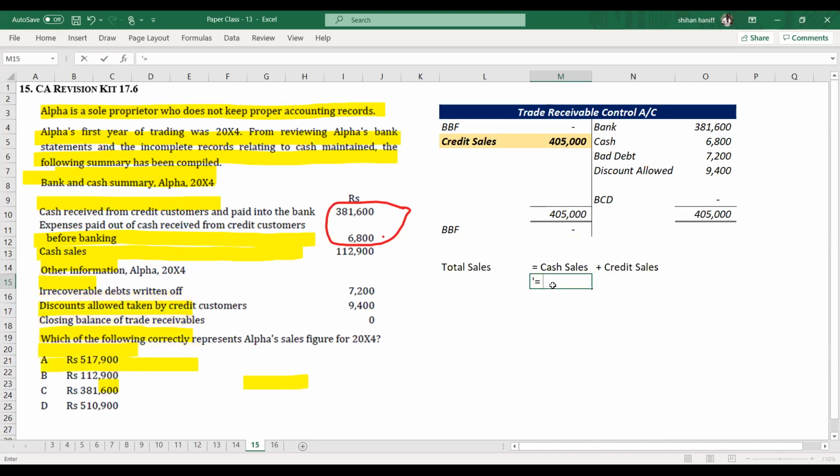Credit sales we have calculated from the debtors control account, 405,000. 112,900 plus 405,000 is 517,900. 517,900 is the total sales.